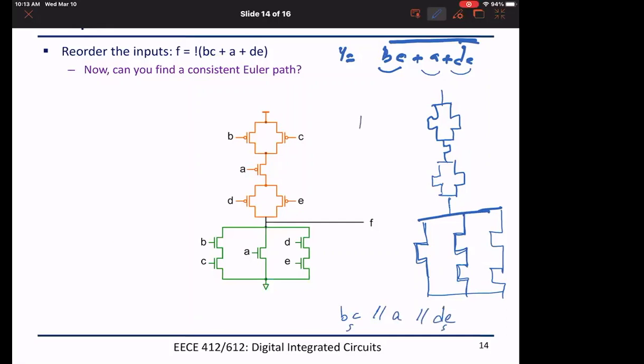And in the PMOS we flip it, so it becomes B parallel to C in series with A in series with D parallel to E. Okay, now the series is interchangeable. I can place A on top, I can place it in the middle, it doesn't matter.